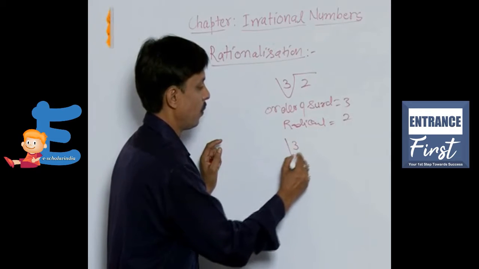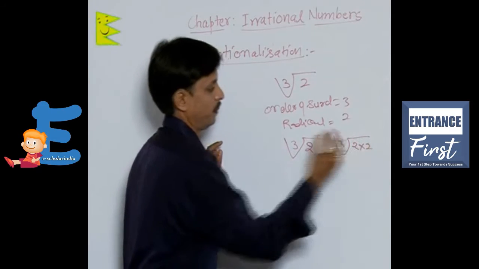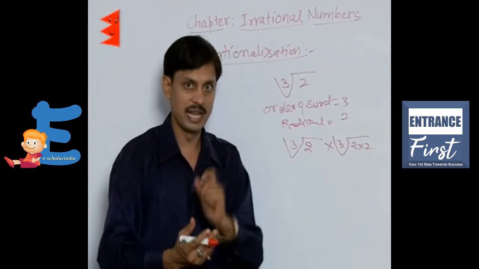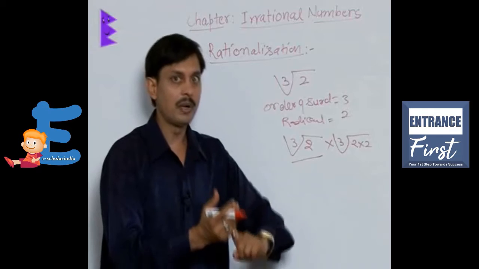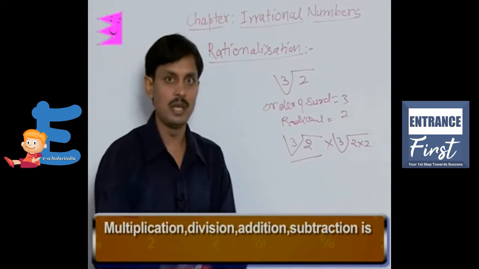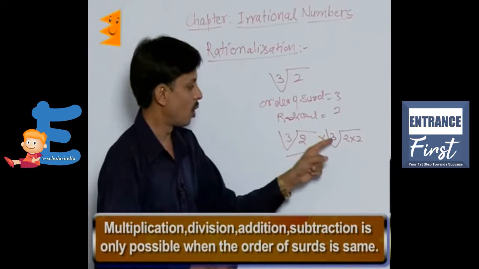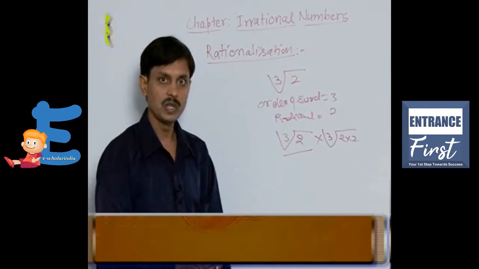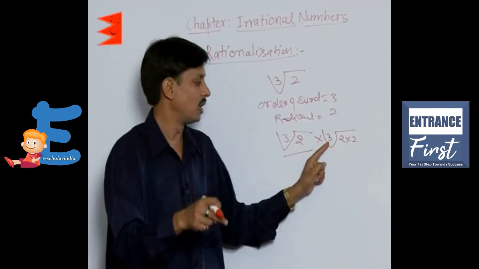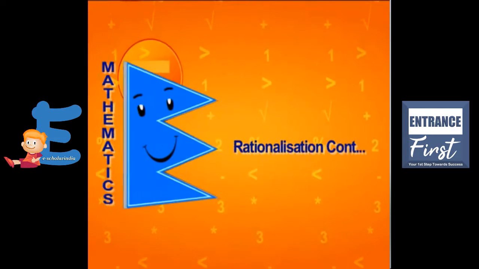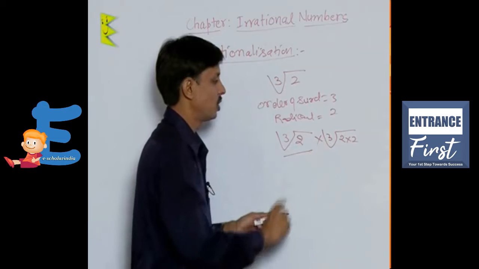So the cube root of 2 is multiplied by the cube root of 2 into 2. Are you going to understand it? Yes. How? This is the given surd. I am telling you that multiplication, division, addition and subtraction are possible only and only if the order of the surds is the same. The order of this surd is 3, so the order of the next surd which I want to multiply is also 3.